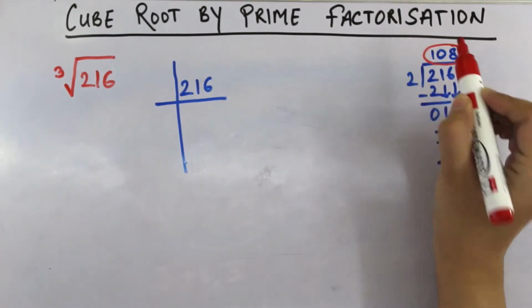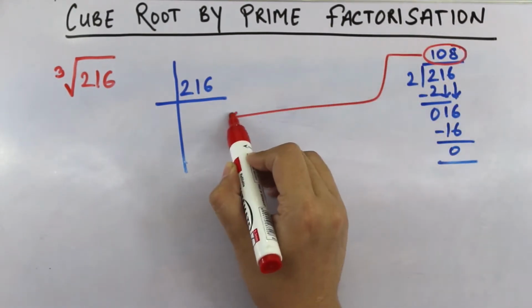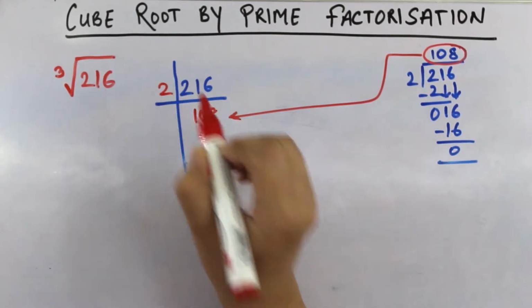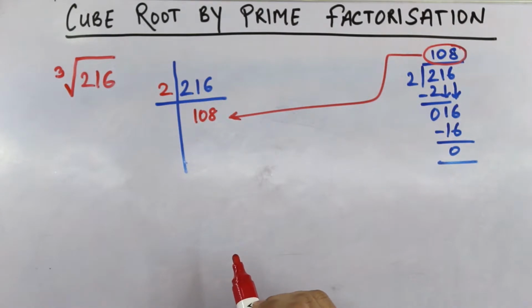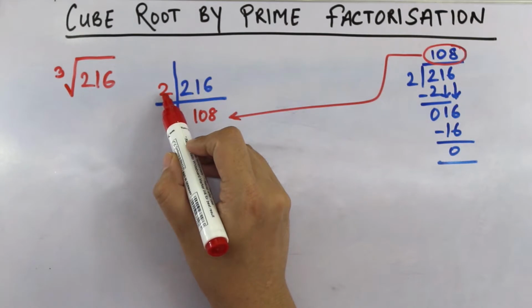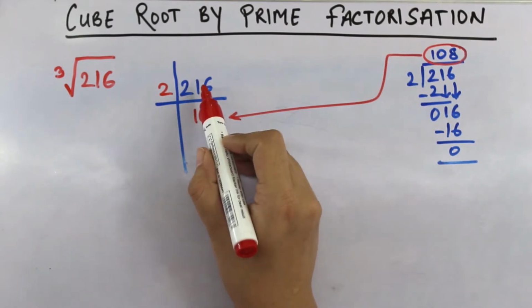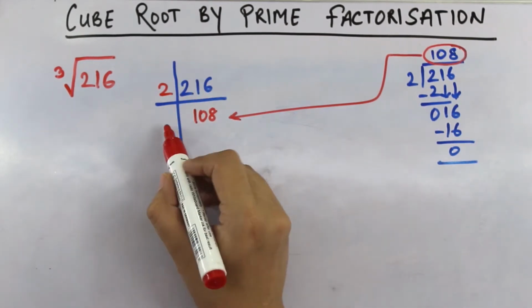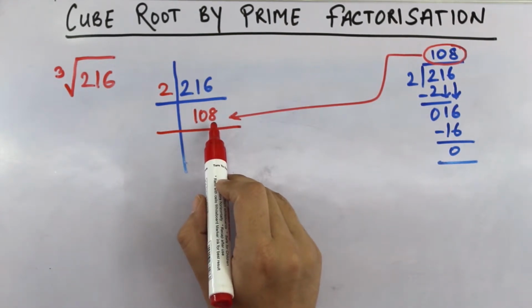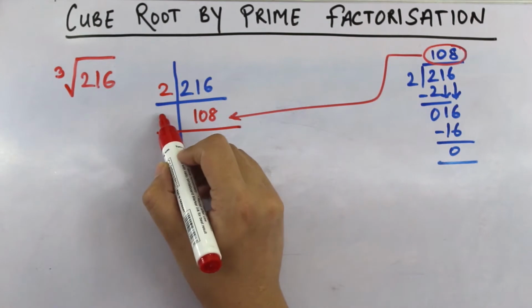This quotient is written over here. So this will be 108 when I've divided this by 2. Or another way of saying is 2 multiplied by 108 gives me 216. Now I will again divide 108 by a prime number, say 2.